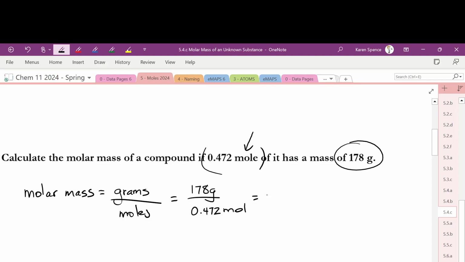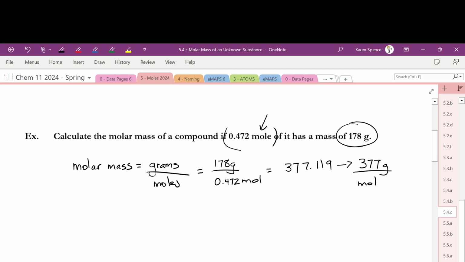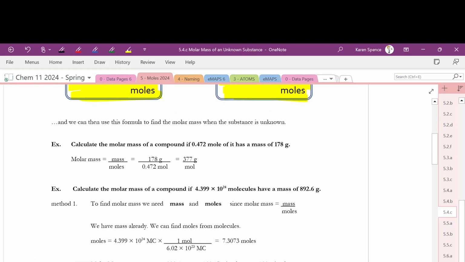We do the division and we get 178 divided by 0.472 equals 377.119. Sig figs, how many? 377, and my unit is grams per mole. Is good? Okay. Now let's get a little more complicated. Let's add a step in there.